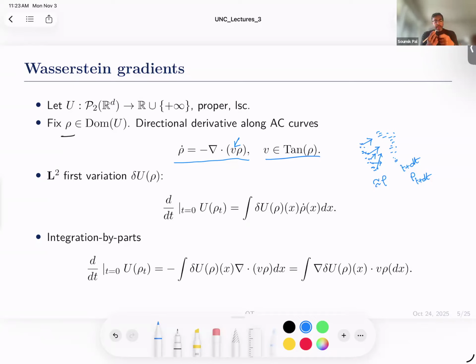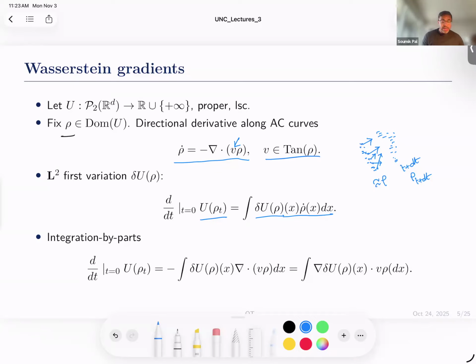And now I apply my function u along this continuity equation, u of rho_t, and I take the derivative at time t equals 0. Just like in the Riemannian manifold case, I would get that there will be some function delta u of rho at x such that this derivative will be given by this inner product, the integral of delta u of rho of x times rho dot of x dx.